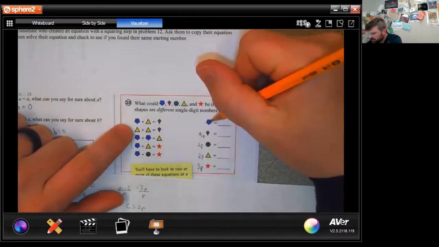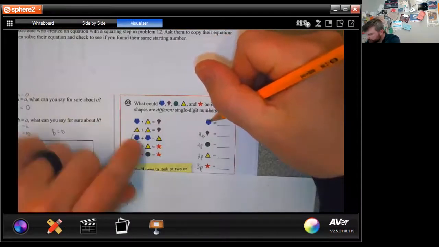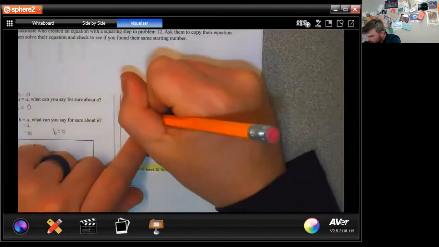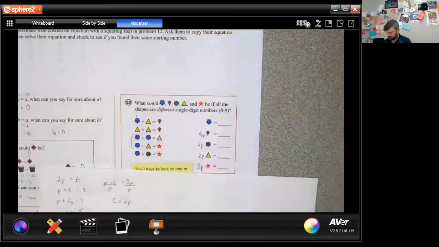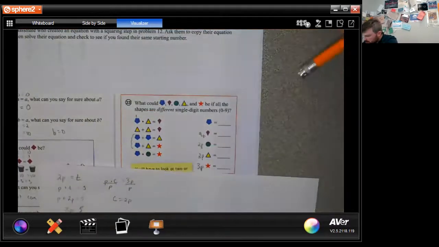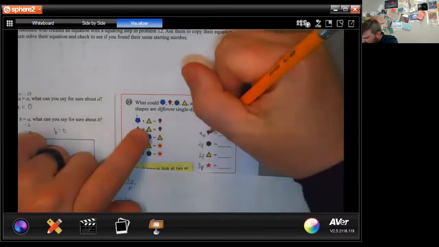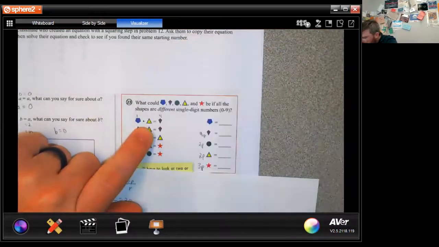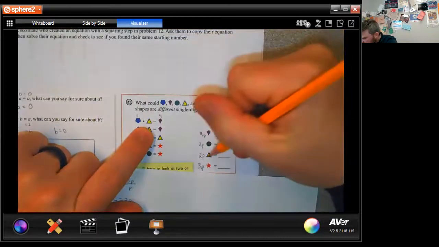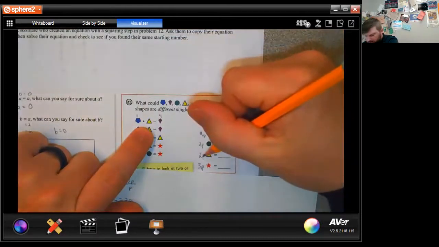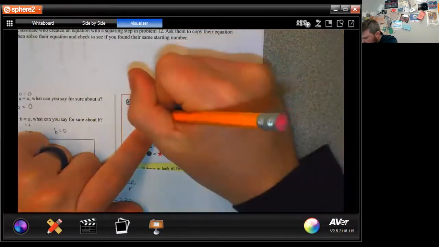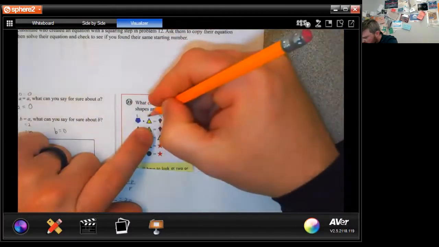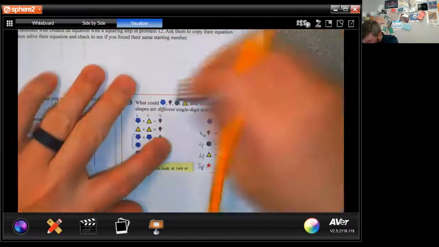A pentagon is 1. So let's just put a 1 here. Let me grab an eraser so I can erase if we're wrong. Okay, so a kite is 4p, so this would be 4. Okay, and I said that a triangle is 2p, so this would be a 2. A 1 times 2 is not 4, so that cannot be a 1.